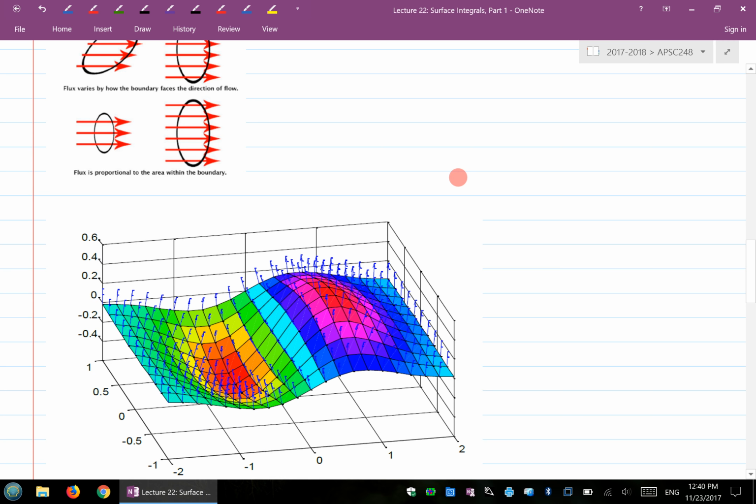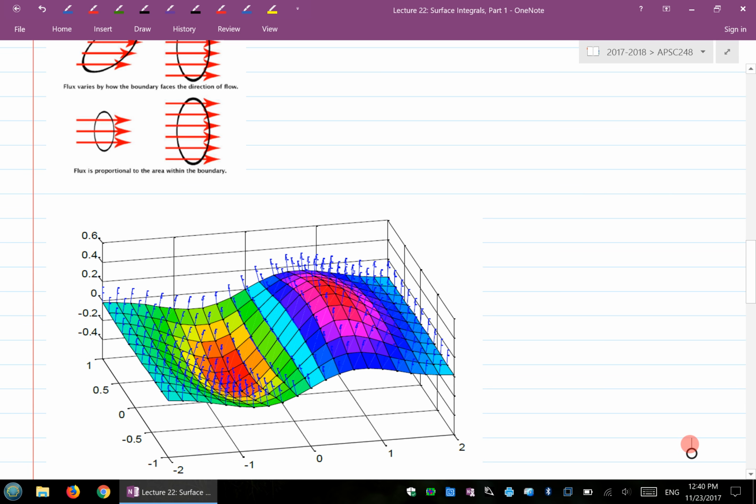But often, your surface you can't change, and the field you cannot change either. So everything is constrained, and there has to be some sort of relationship to describe what we just said.